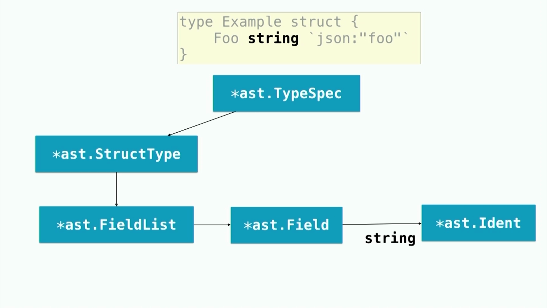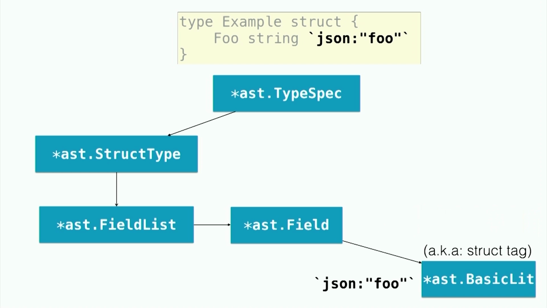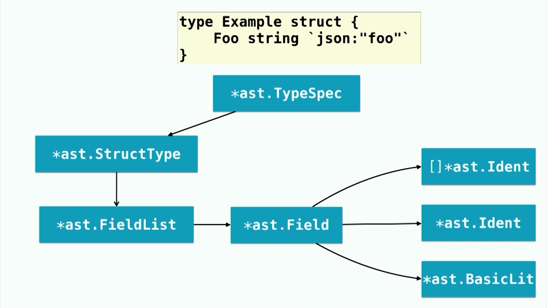Another node is for the type of the field. And lastly, another node is what defines the struct tag. So this is the important node that we're going to use to change and rewrite the tag. And finally, this is the whole tree when we parse it.